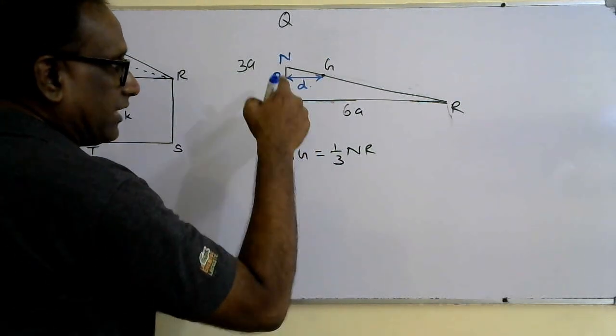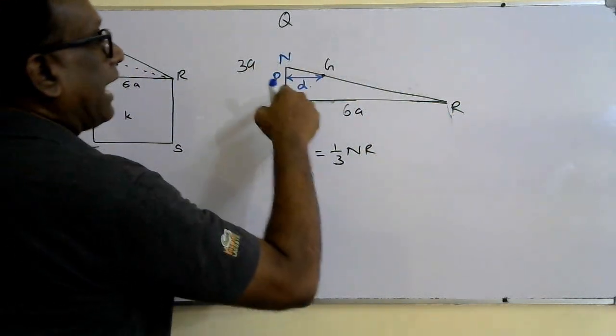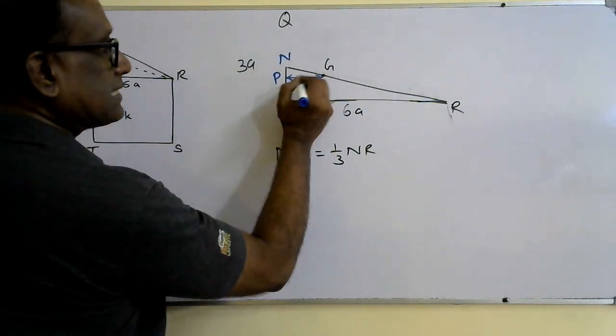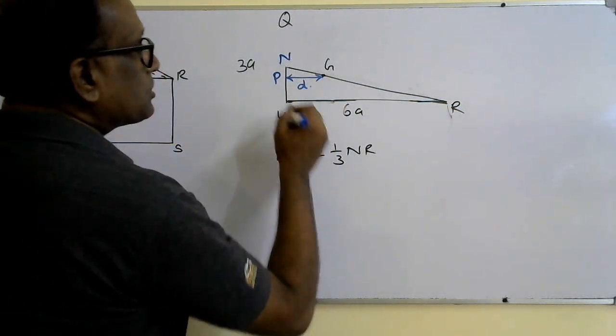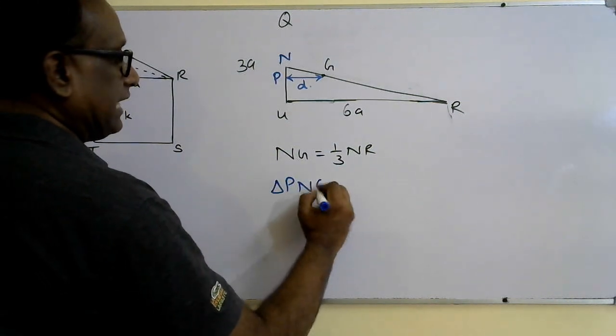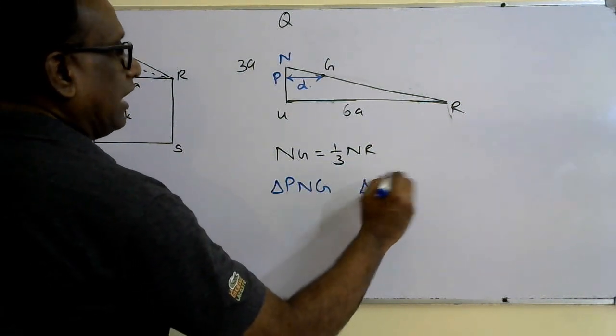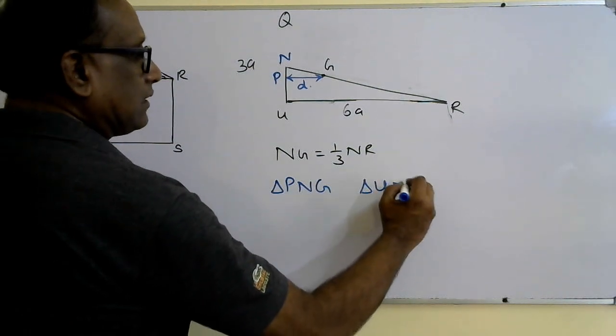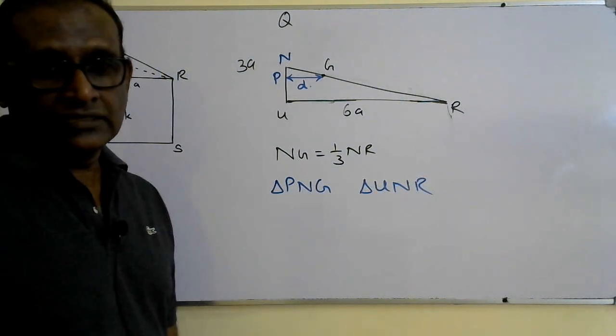The first triangle UNR and the other one PNG. This line is parallel to this line. So the triangle PNG and the triangle UNR are similar triangles. Is it?